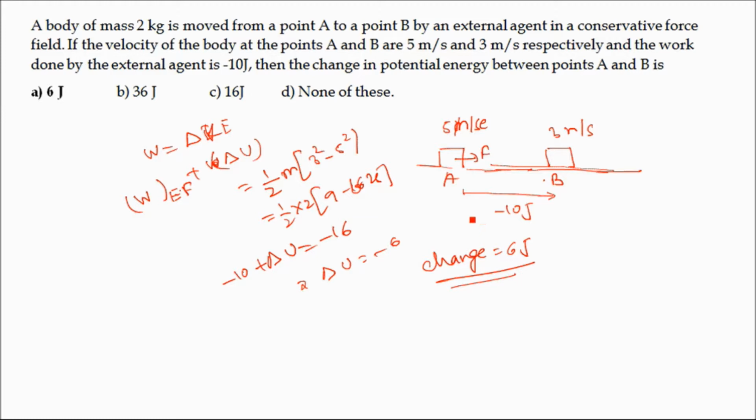What is the meaning of a decrease in potential energy? It means the particle moves in the direction of the conservative field. If the direction of the conservative field is from A to B, then we get the true picture: the change in potential energy will be 6 joule, and the answer will be A.